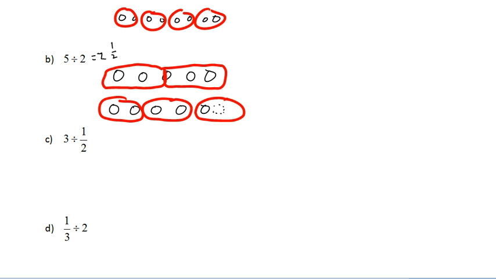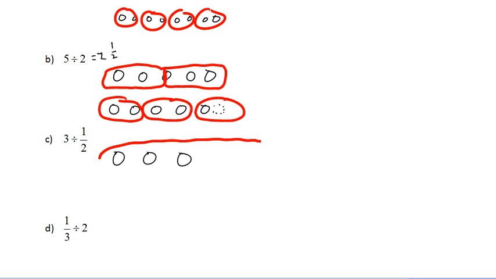Alright, 3 divided by a half. Okay, well there's our 3. So the first one, the last one, we divided into 2 groups. So on this one we need to divide it into half a group.